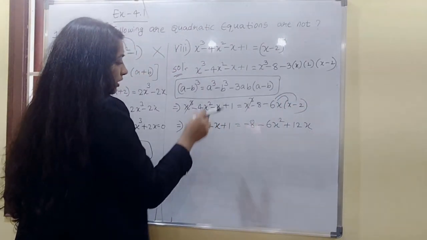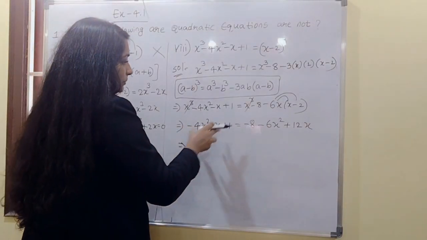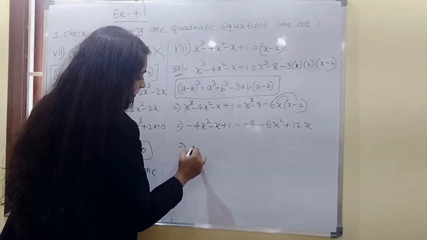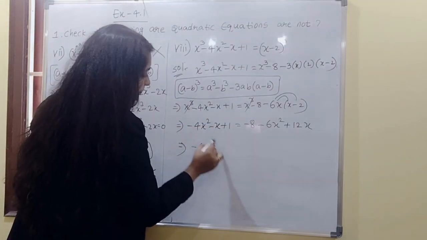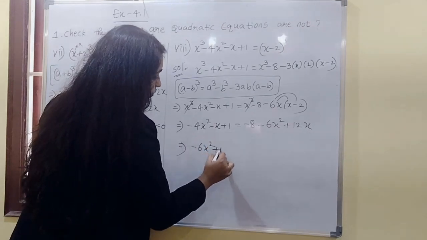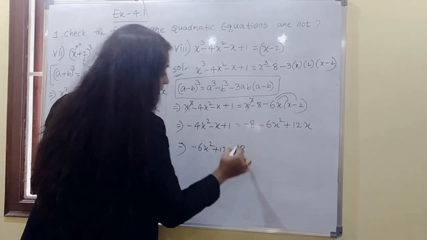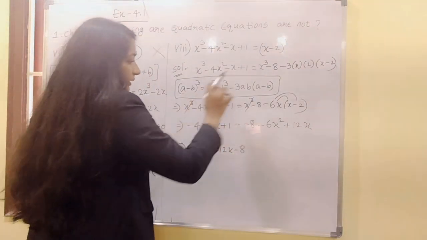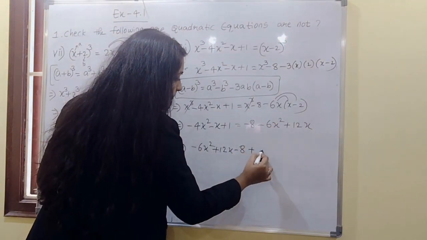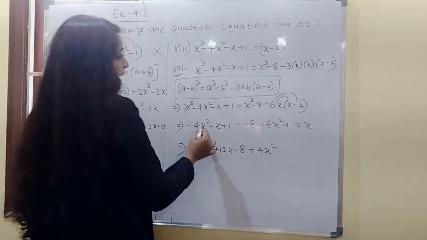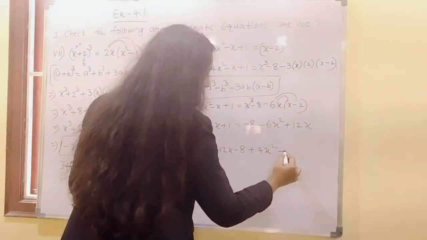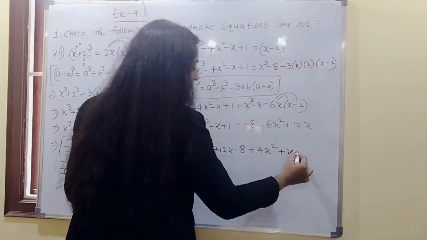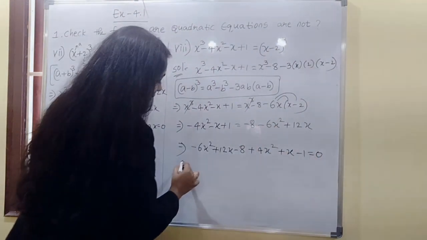Okay, so now I'm taking these three terms to that side. It becomes minus 6x square plus 12x minus 8, and now minus 4x square comes to this side, it becomes plus 4x square, and minus x becomes plus x, plus 1 becomes minus 1, is equal to 0.